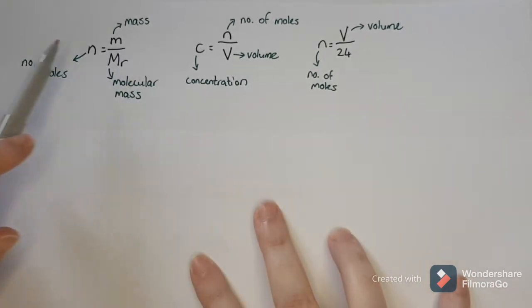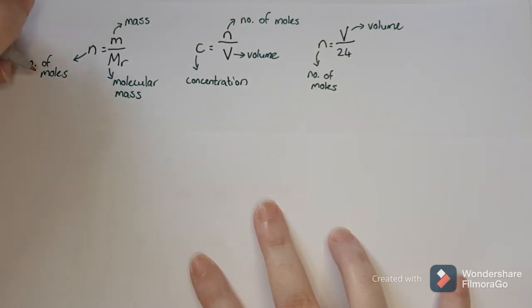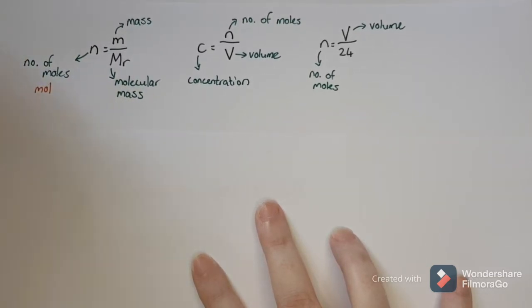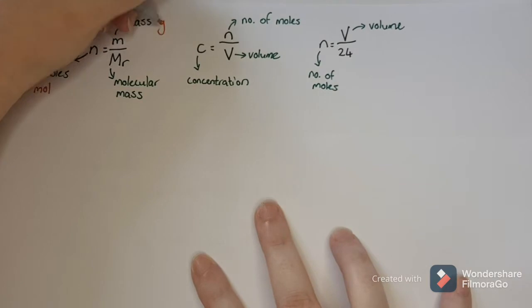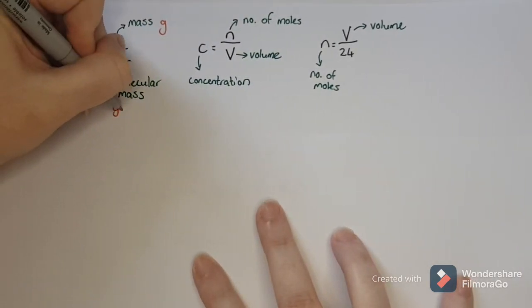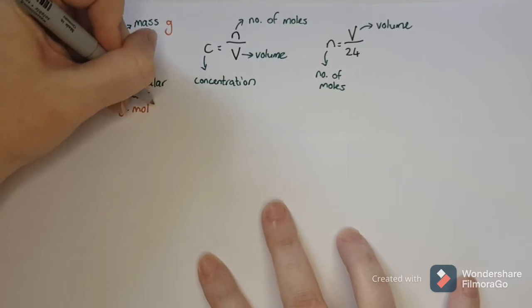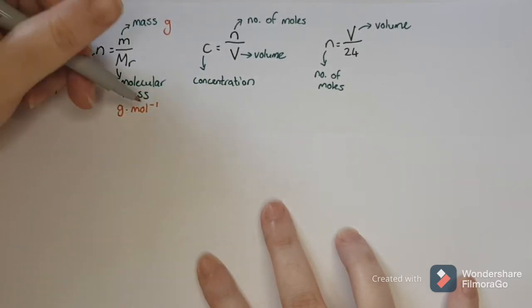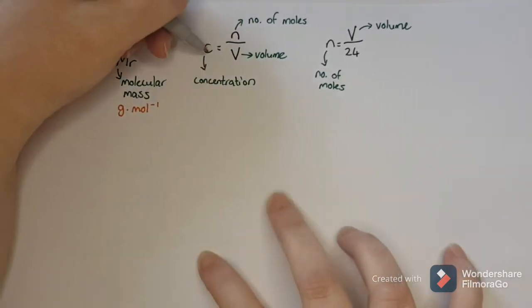So, with these three equations, obviously we need to know what each symbol stands for and its units. Number of moles is always measured in moles. Mass is always measured in grams, and molecular mass is always grams per mole, so we say to the power of -1.